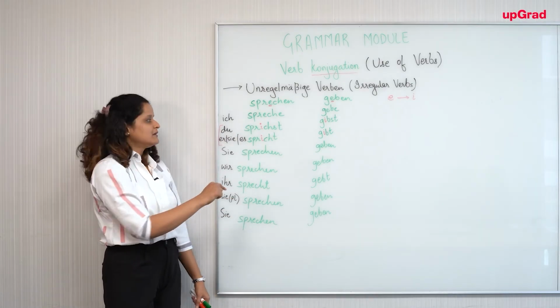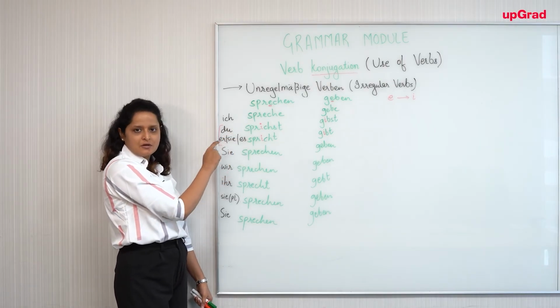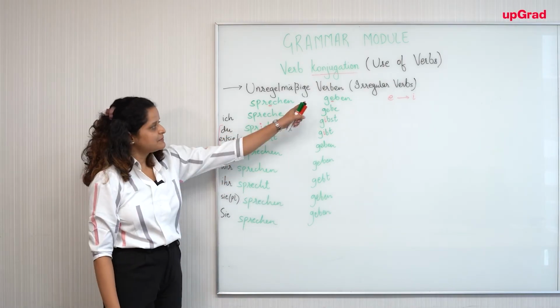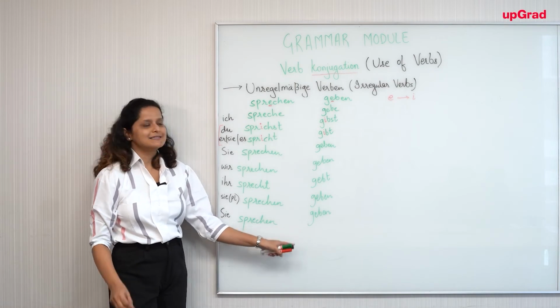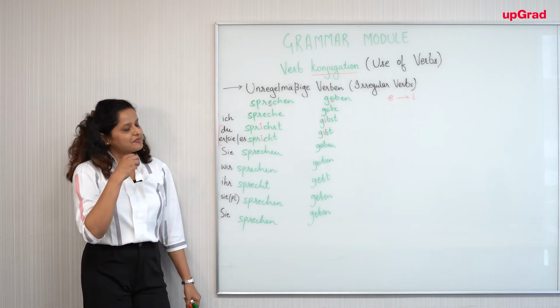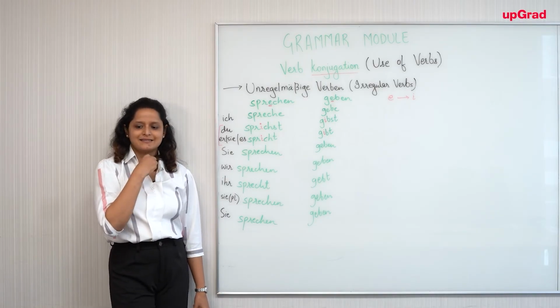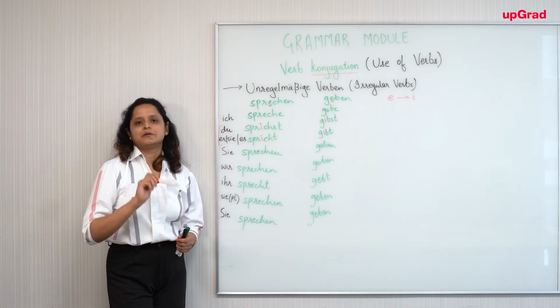In addition to that, we also need to mark these changes that we are making to the conjugation. The same thing will apply to this verb. So let's say I talk of giving somebody something. If I give something myself, let's say I give a pen to somebody, this is ich gebe.